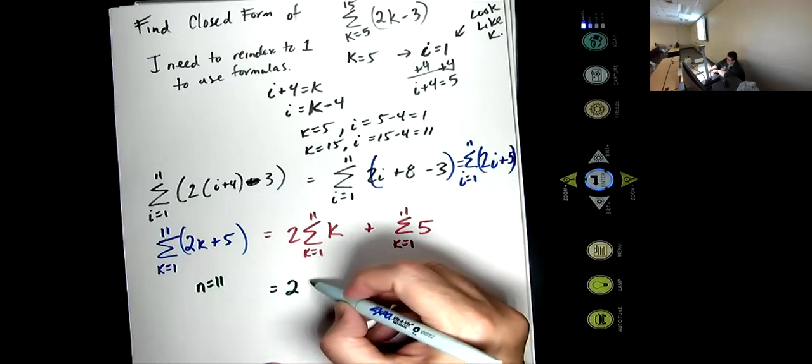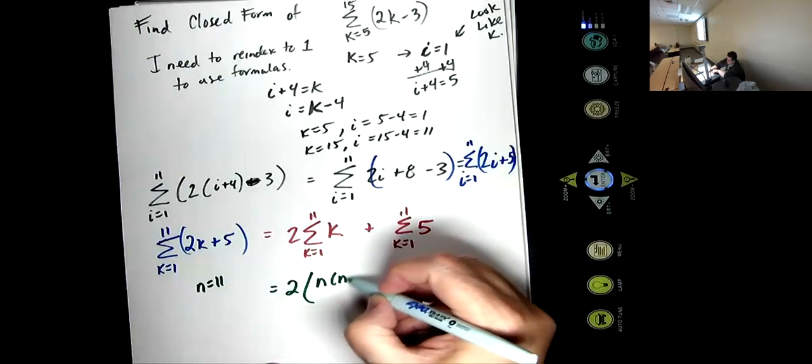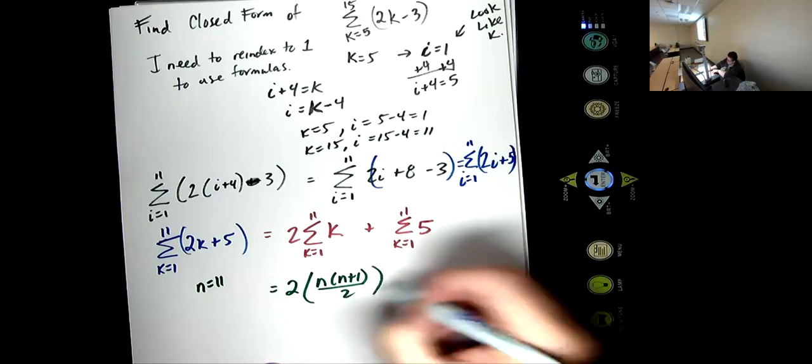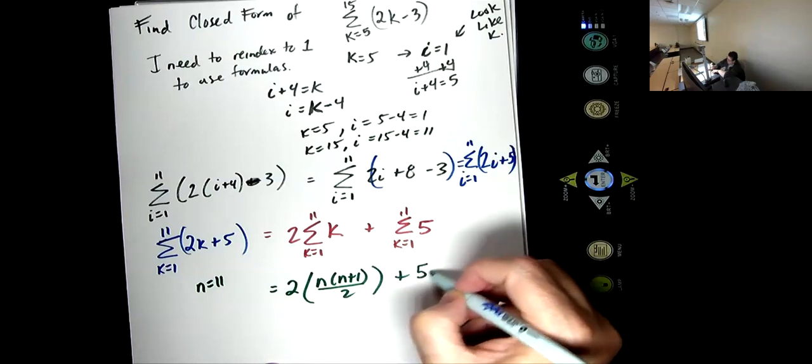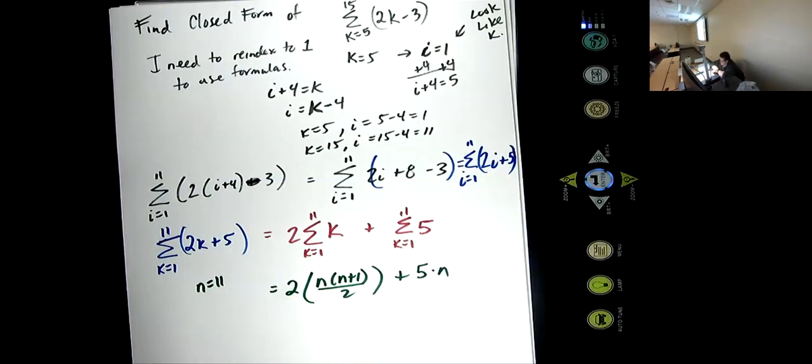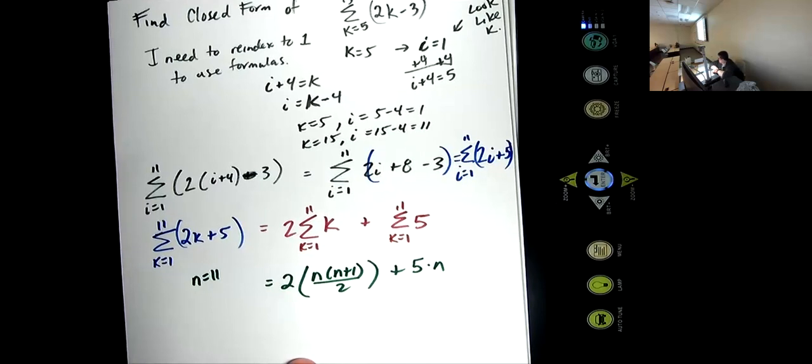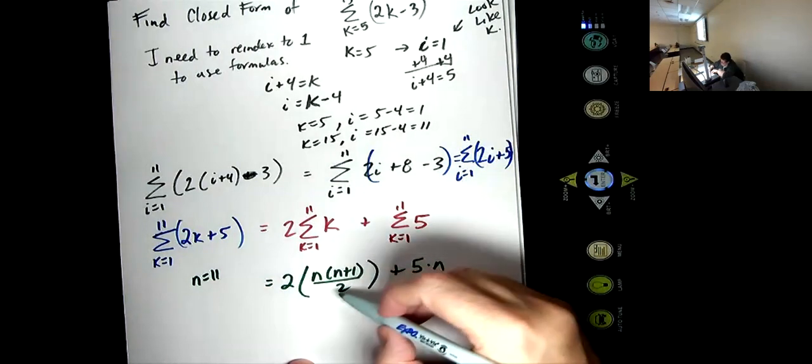This is 2 times n times n plus 1 over 2, plus 5 times n. It looks like the 2's cancel.